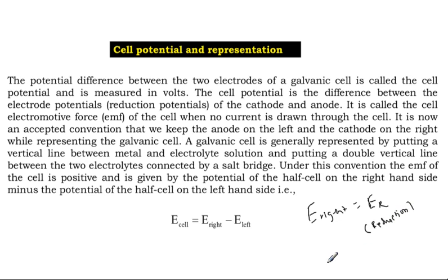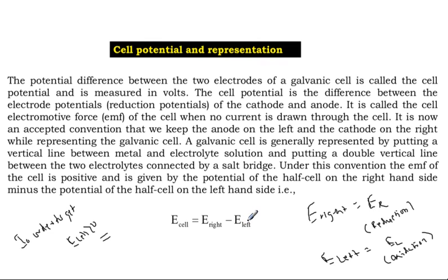Reduction potential. And E left side, conventionally E suffix L, is nothing but oxidation potential. And to get the cell potential positive, in order to get E cell as positive, the left side oxidation potential is always subtracted from the reduction potential, because reduction potential is always positive and oxidation potential negative.